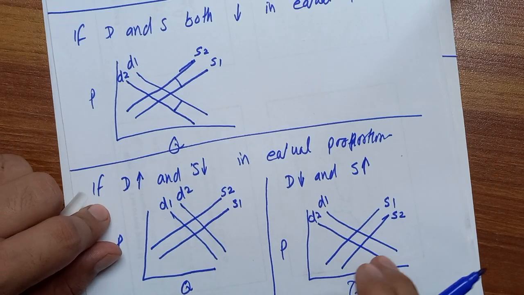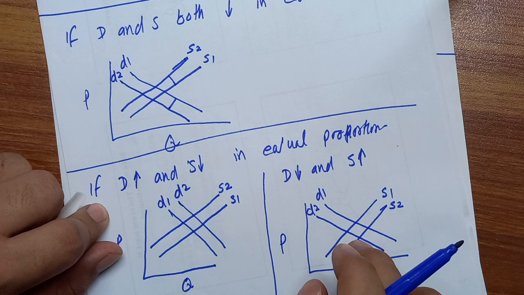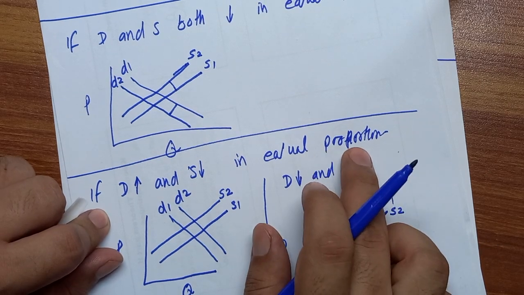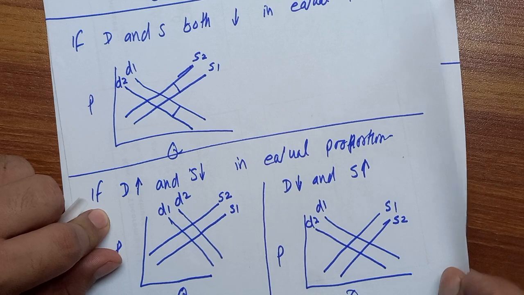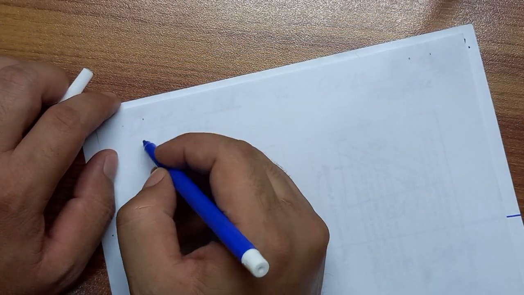In this question we have the same distance between these lines because of equal proportion. And if we don't have equal proportion, we will draw the graph a little bit differently.